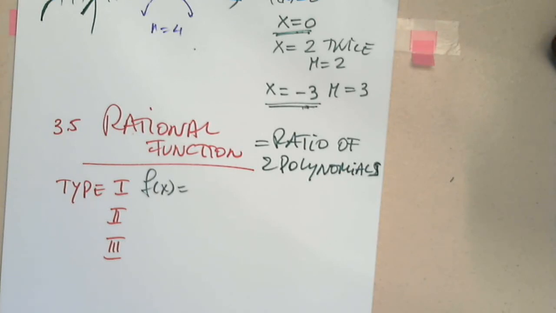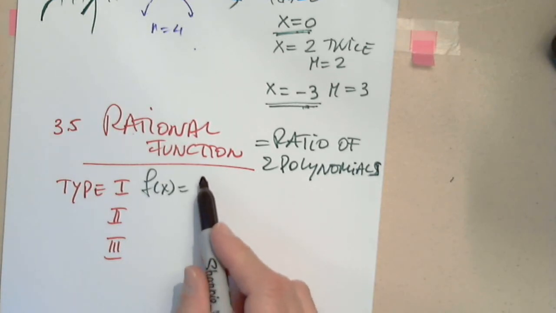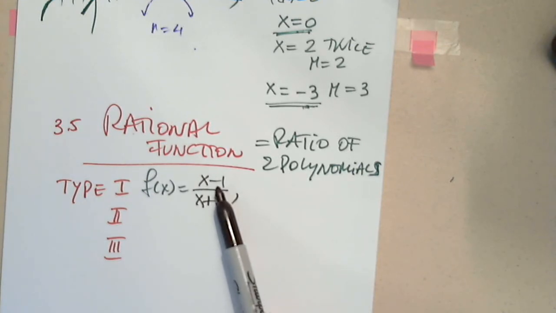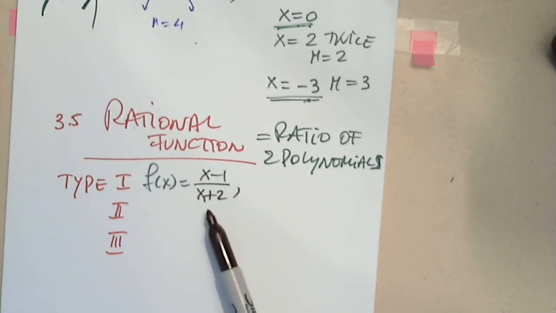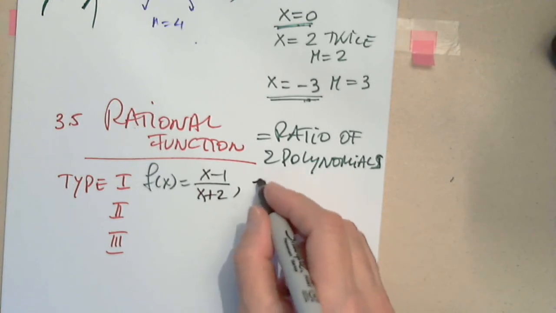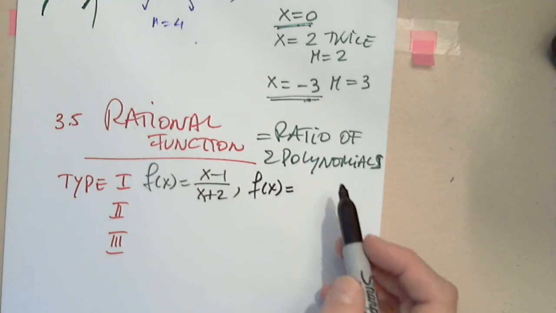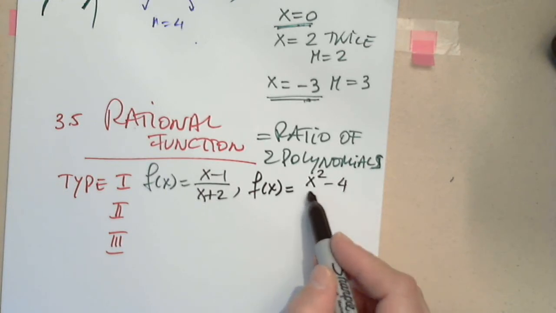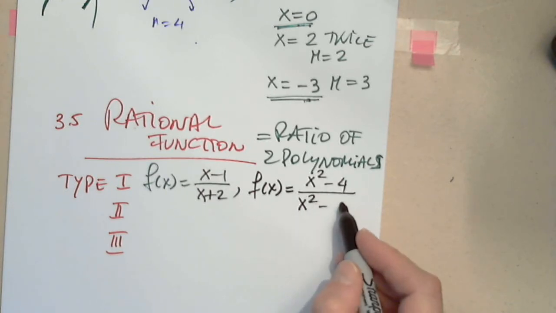If there is no x in the denominator, then this is not a rational function. Okay, so a few examples. Let's say x minus 1 over x plus 2. X minus 1 is a polynomial, x plus 2 is a polynomial. Here's another one. F of x is x squared minus 4 over x squared minus 9.